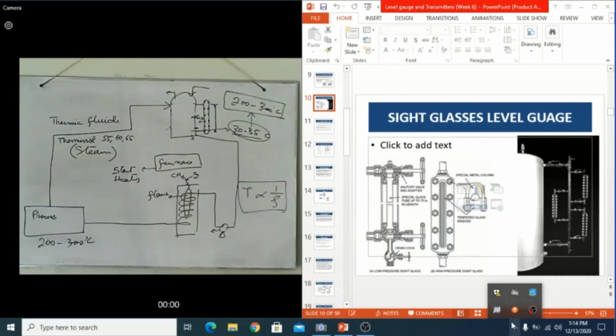In fact, it does not contain any amount of oxygen or any traces of salts, carbonates or bicarbonates, which you would consider impurities present in the water. So in the condensate tank, you may install this type of level gauge to visualize the level, because you are concerned that the level should be maintained in your condensate tank, because from the condensate tank the water needs to be added to your boiler.